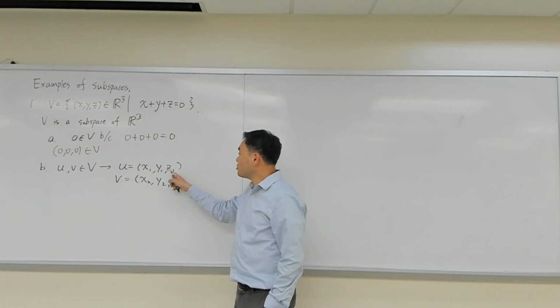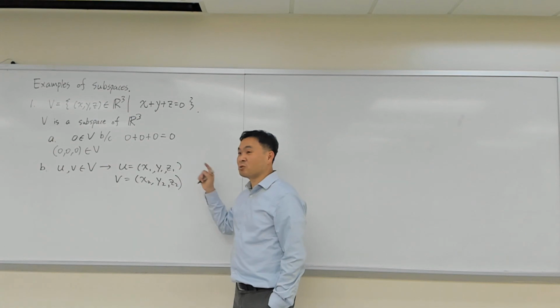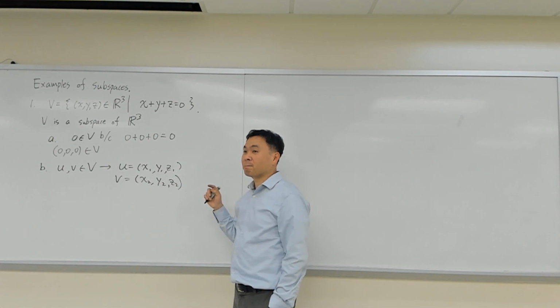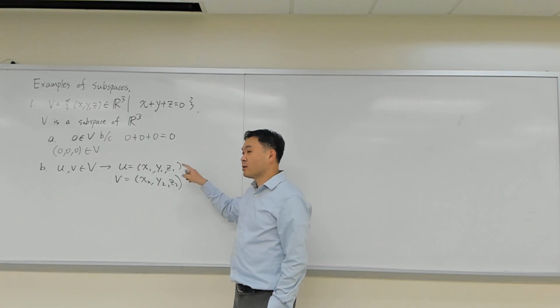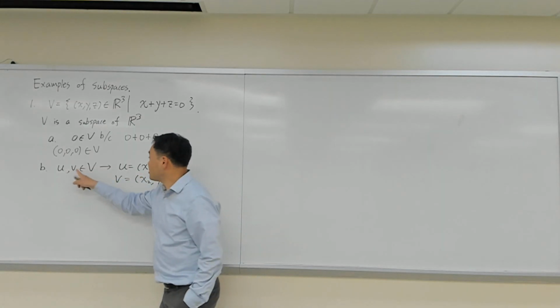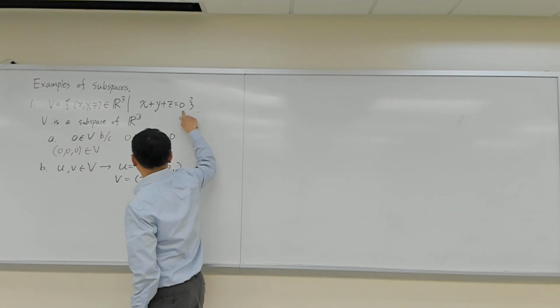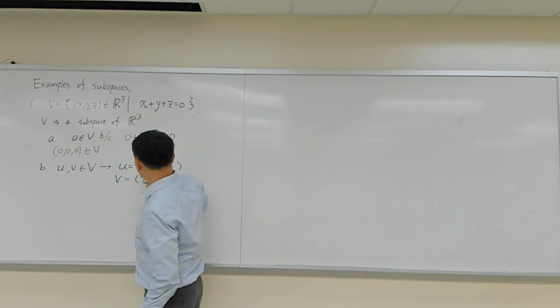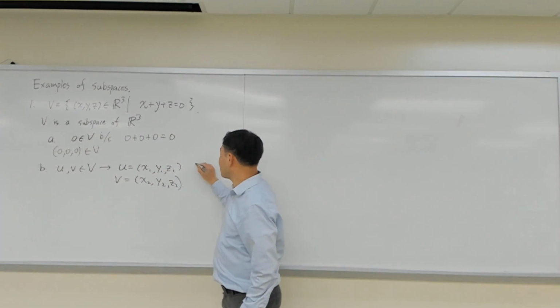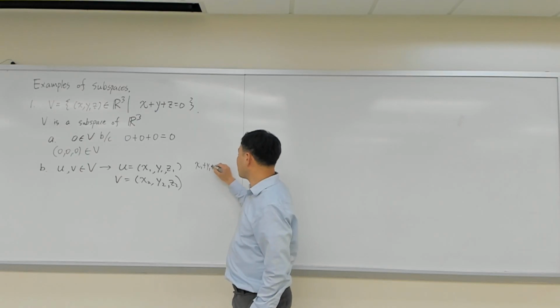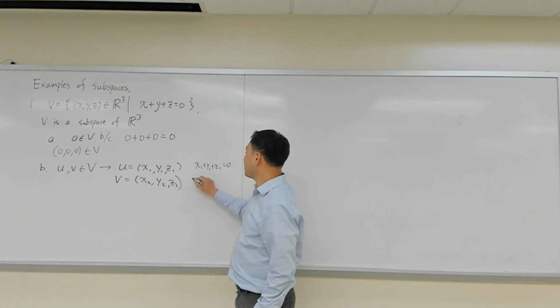What condition should (x1, y1, z1) satisfy? It equals 0, because these are elements of V. Look at the definition, it must satisfy this condition, right? So x1 plus y1 plus z1 equals 0. Same thing here.